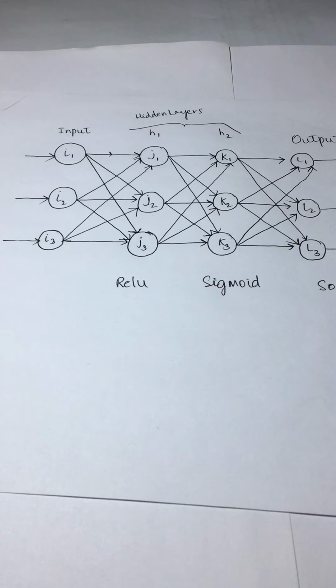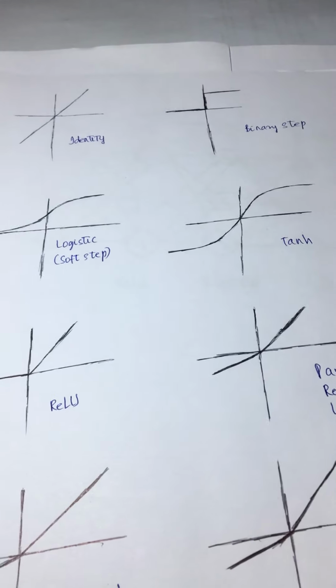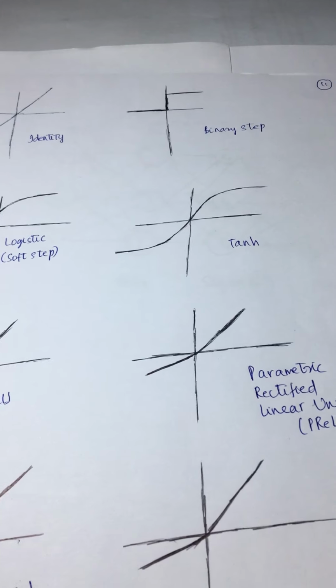Just to make sure you're following this properly, because the concept of activation functions is actually very important, that's why so much time is spent over here. This is your identity, right? This is your binary. Then this is your logistic. The other one is your tanh.